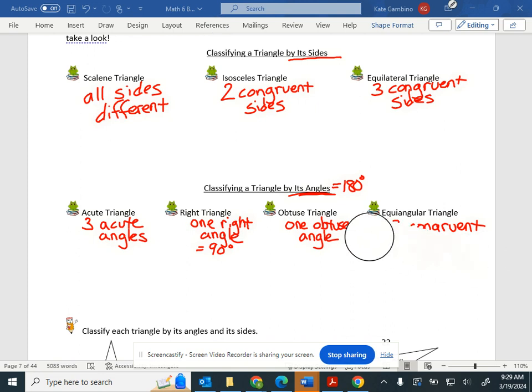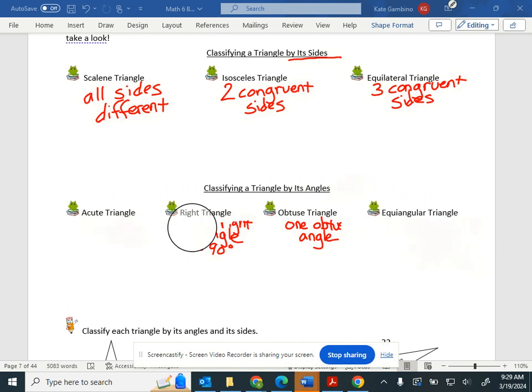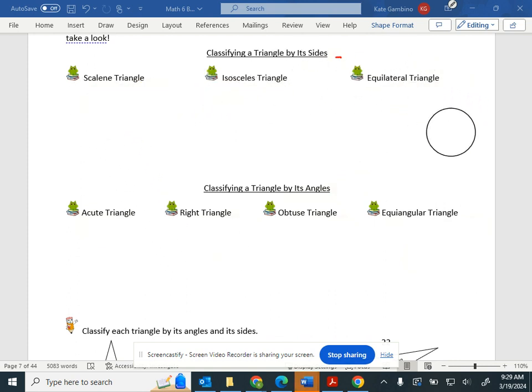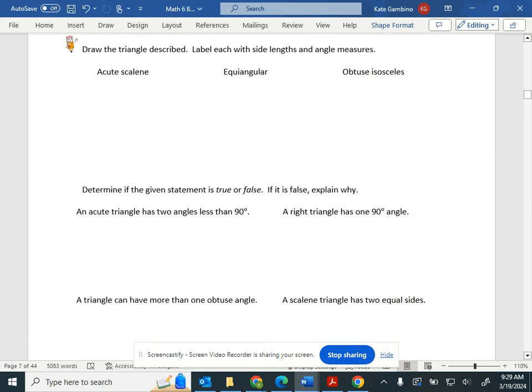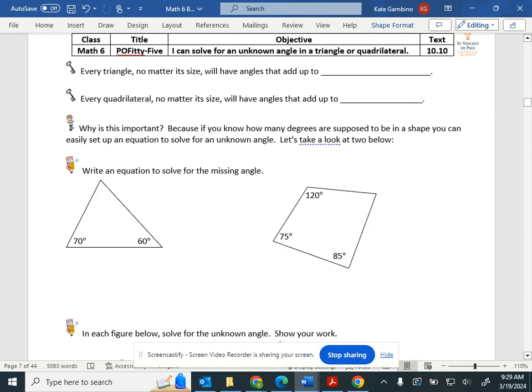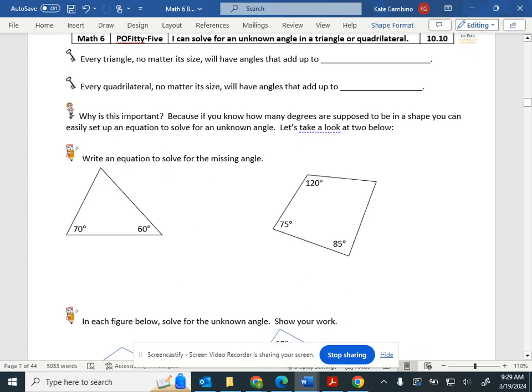All right, next objective. Field 55, I can solve for an unknown angle in a triangle or quadrilateral. Important to know, triangles equal 180 degrees.